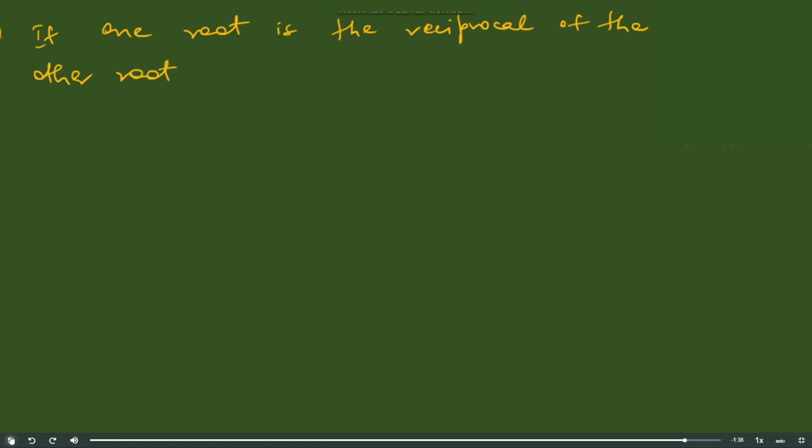The second point is, if one root is the reciprocal of the other root, then the product of roots will be 1.